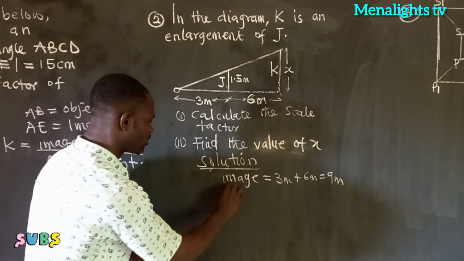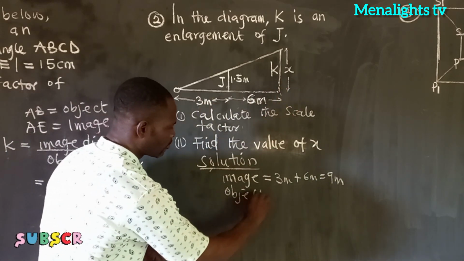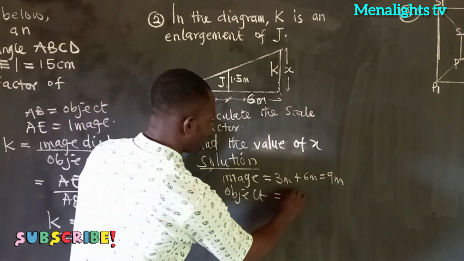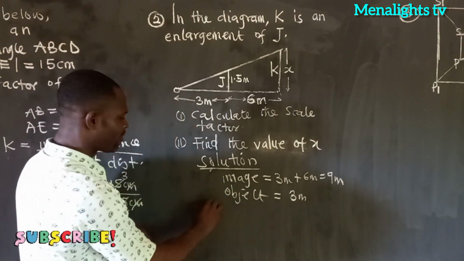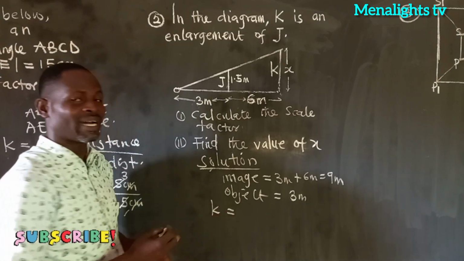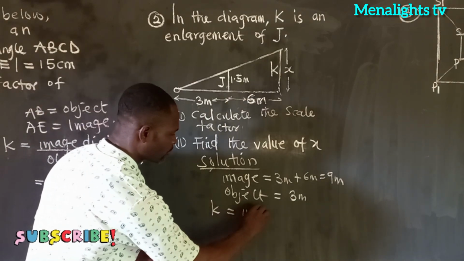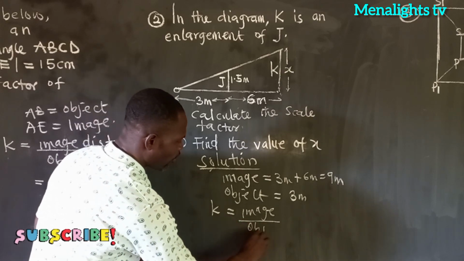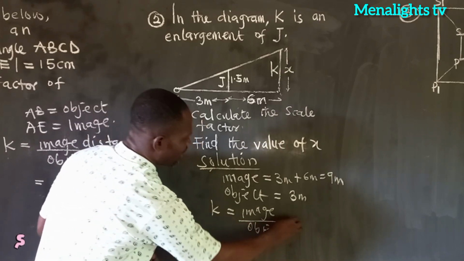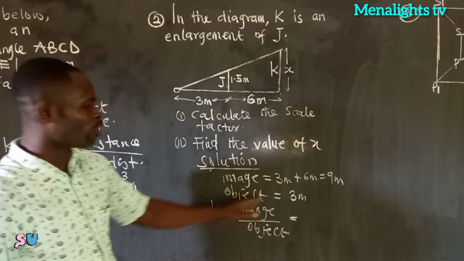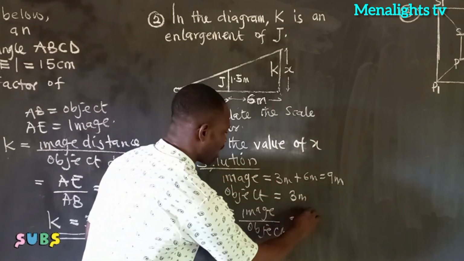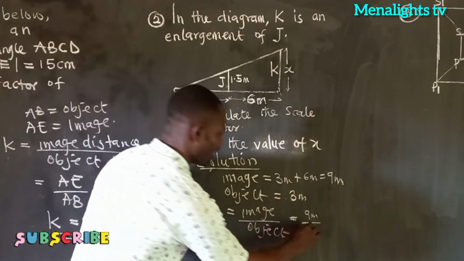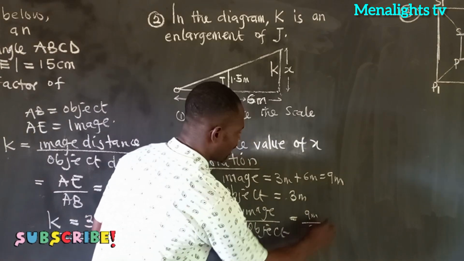Then the object distance, that is what? 3 meters. So the scale factor we know is the same as image over object. So the image distance here is 9 meters divided by the object distance, which is 3 meters.